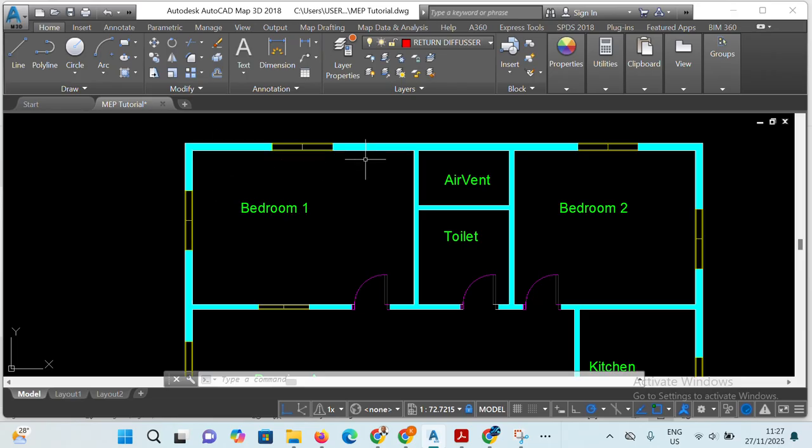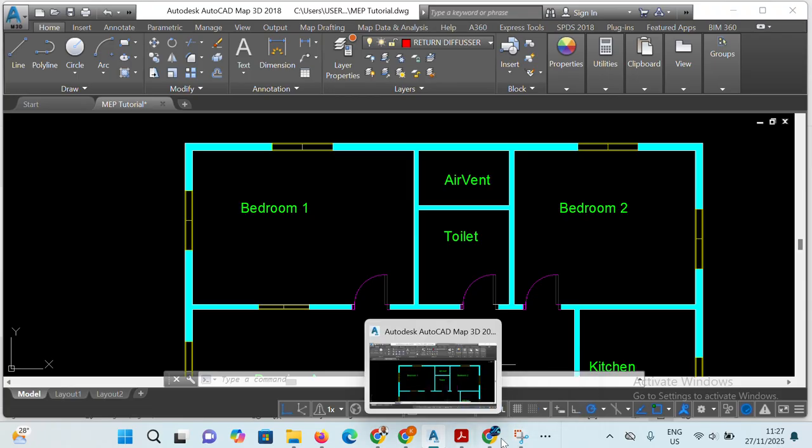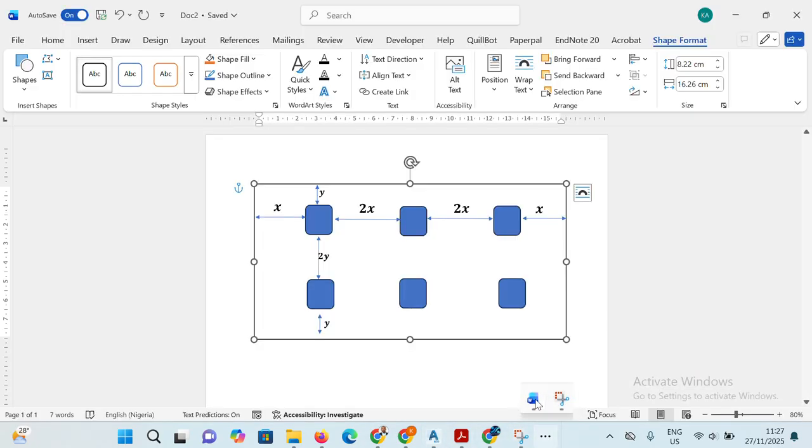For instance, let's consider this bedroom 1. If we are to place a required number of air terminals depending on the size, we want to take an instance of placing 6 air terminal devices, both return and supply diffusers, in this bedroom 1. There is an illustration I put here.